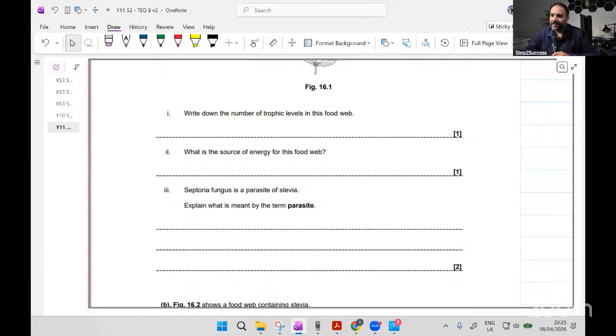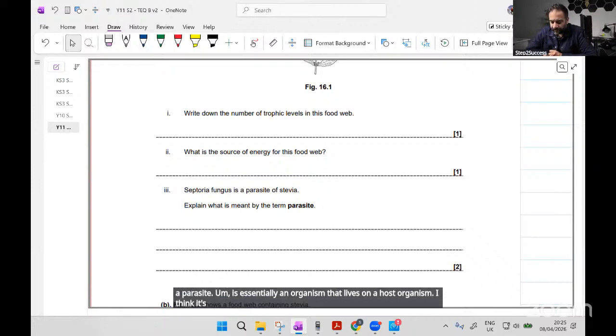A parasite is essentially an organism that lives on a host organism. I think it's slightly example specific, but it's to do with what a protist essentially is. It is a type of parasite. The mosquitoes essentially feed off a host.